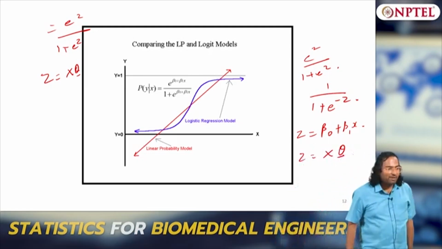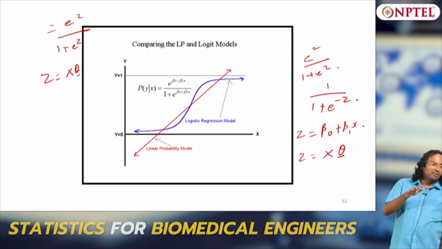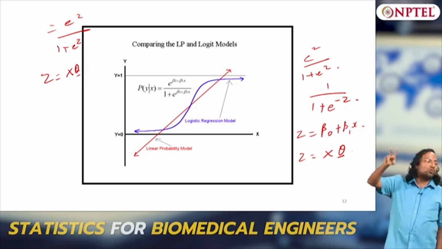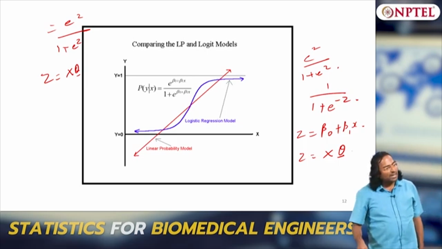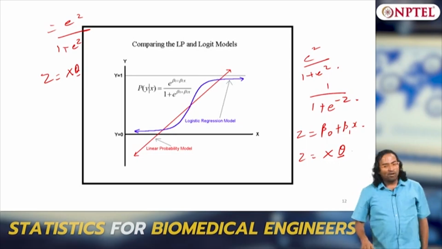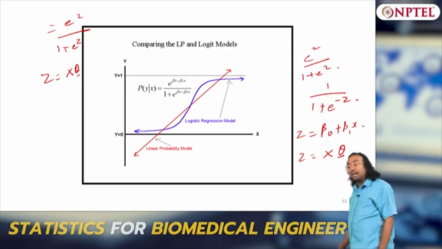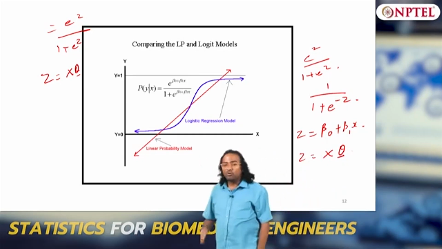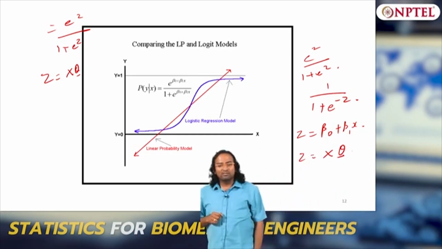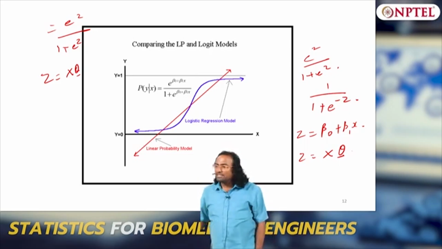Instead of fitting a linear model, I am fitting a model passing x through a non-linear function, the S function, and I am relating it with y. Now remember, my output is continuous if I do it like this, but what is the real output I want? Yes or no, discrete.